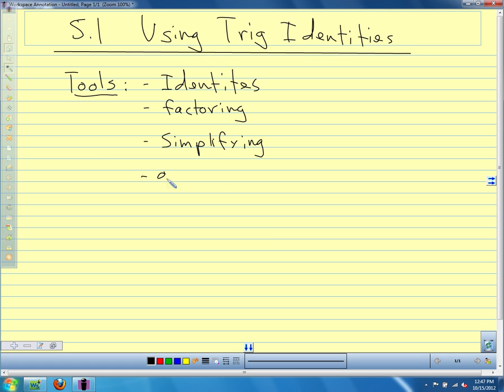We're going to add and subtract, and often it involves fractions, so we're going to be dealing with common denominators. And our common denominators have to do with trig functions, so that throws a little twist into what we're doing. And we're also going to be using substitution. And our identities help us with substitution.